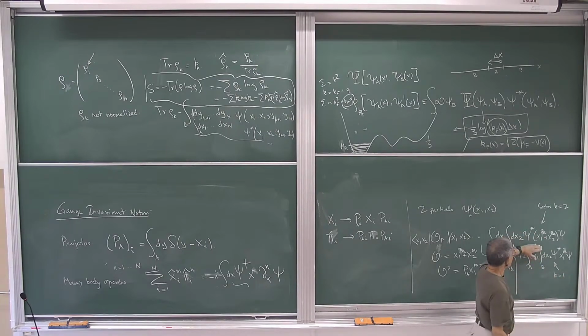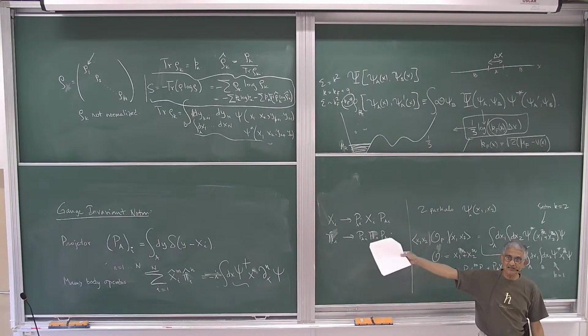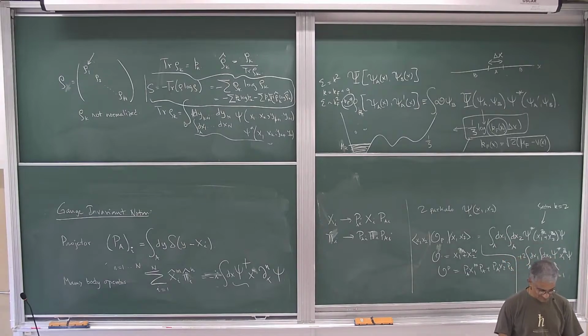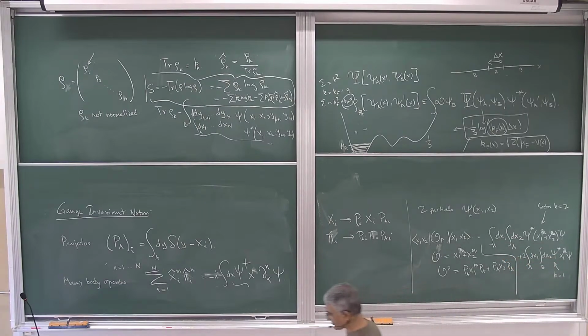This is the sector in which both the particles are in A. The integrals are not over the entire space, it's just over A. Here there is an integral over B, but there is no non-trivial operator here. So you can do that integral over B of psi star psi, and you precisely reproduce the density matrix. And this, of course, works for any number of particles. Very good. So that's the story with first quantization. That's the first step.